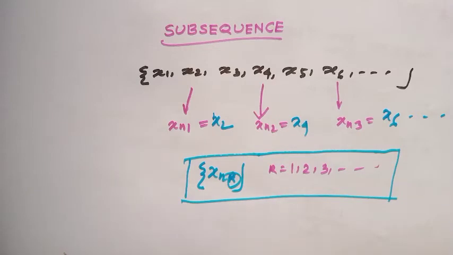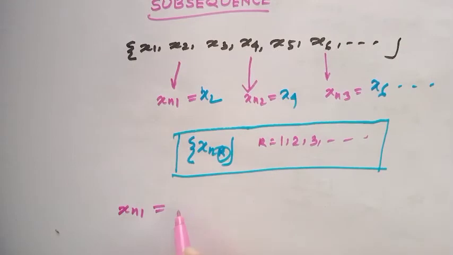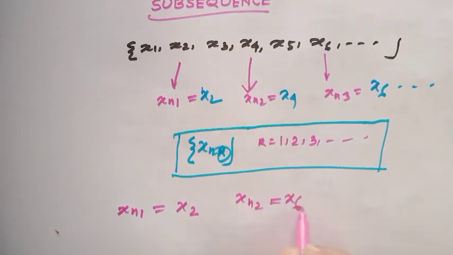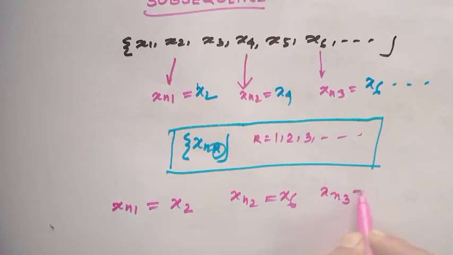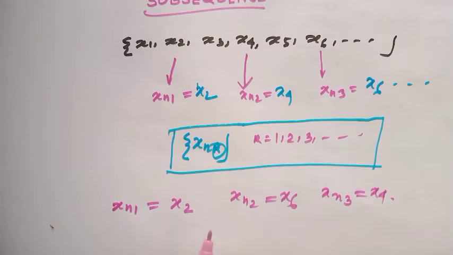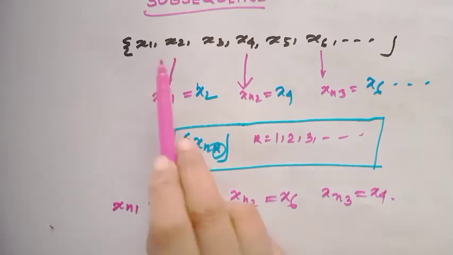What is the nature of the subsequence? If I write x_{n1} equal to x2, and x_{n2} equal to x6, then x_{n3} equal to x4. Okay? The order in which elements appear in the original sequence must be maintained.